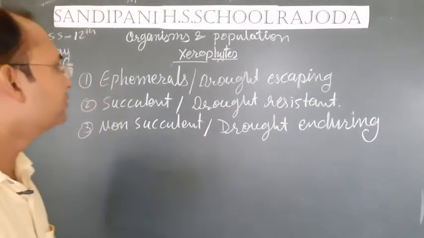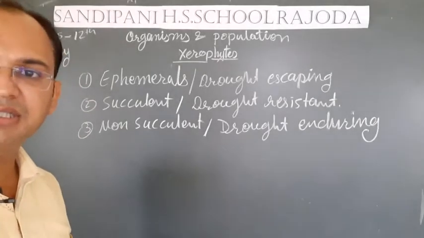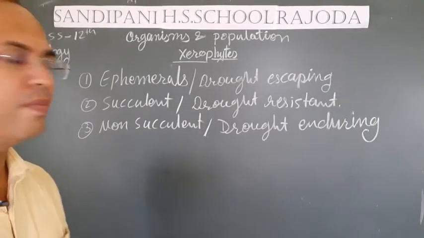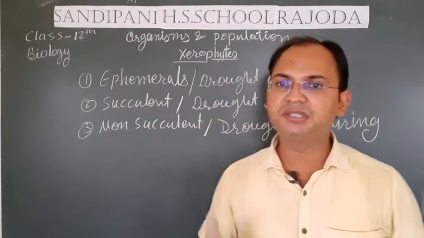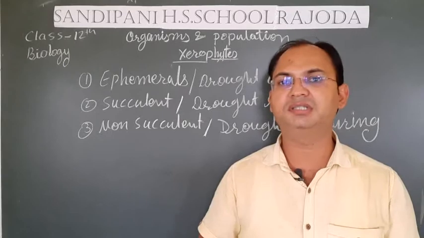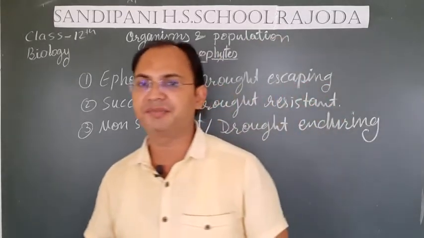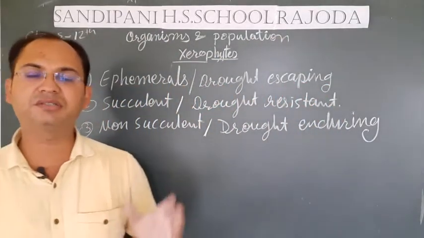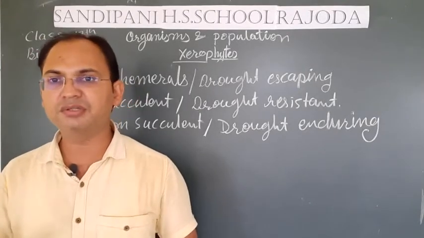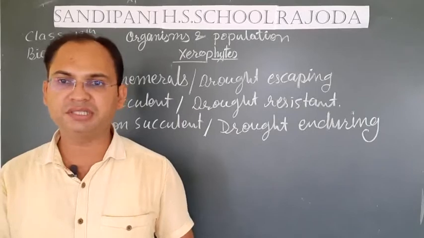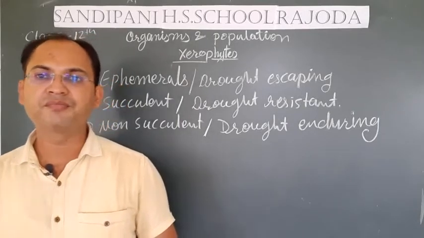Second one are succulent or drought resistant plants. In succulent plants, students, they possess a high water storage capacity inside their parenchymatous tissue. Their parenchymatous tissues are of spongy nature so that they can store the maximum amount of water that is needed by them.